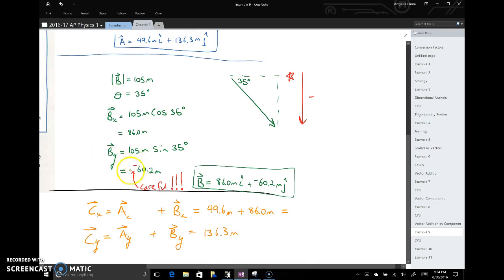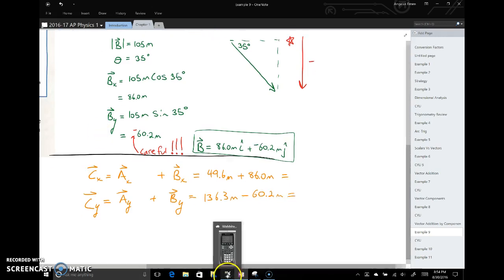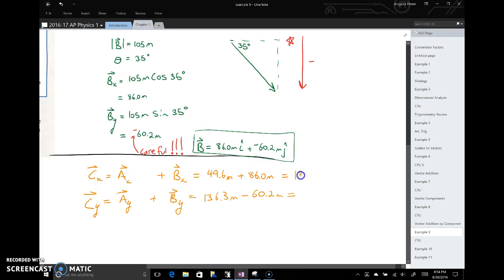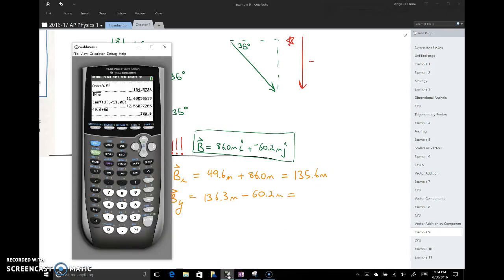And then the y component of B was negative, so that's negative 60.2 meters. So you get 135.6 and 76.1.